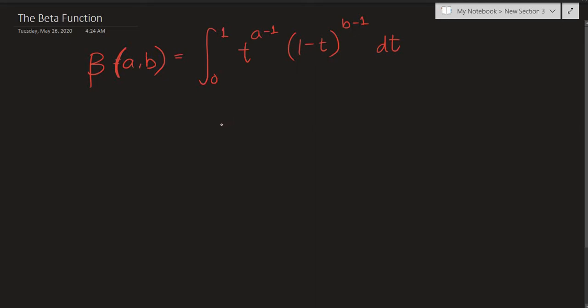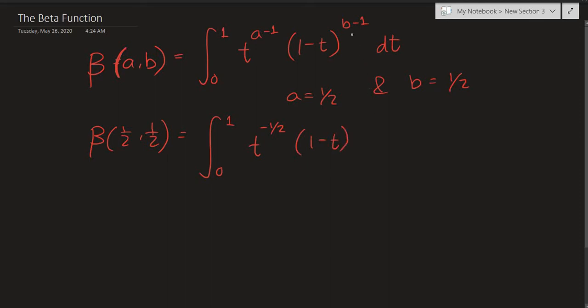So how will we manipulate this now? Let's take a to be half, and b to also be half. So we have beta of half comma half being equal to the integral from 0 to 1 of t to the half minus 1, which is negative half, times 1 minus t raised to half minus 1, which is negative half, dt.